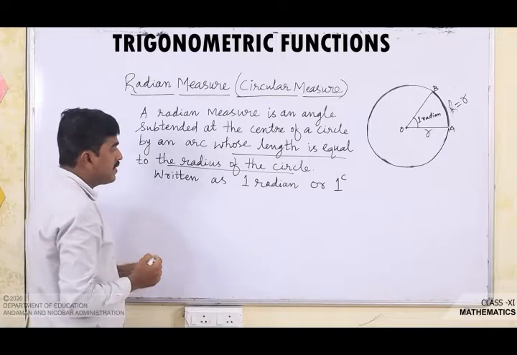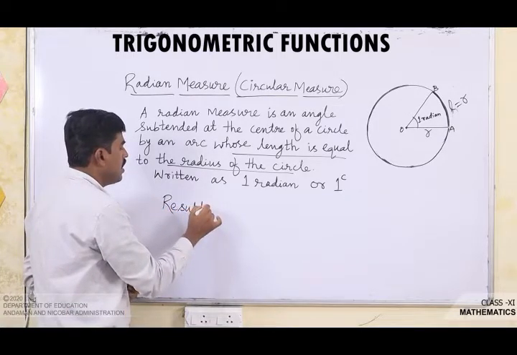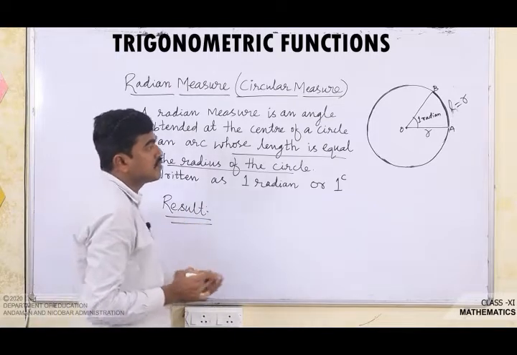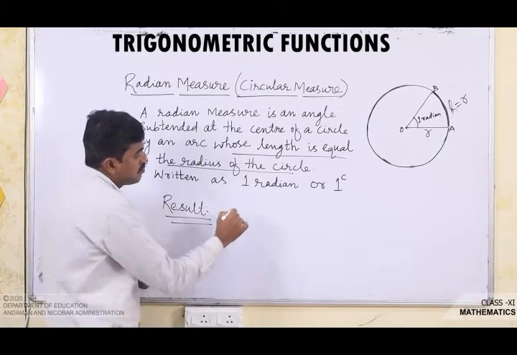Now we are going to get an important result regarding the length of arc, theta in radian, and the radius of the circle.